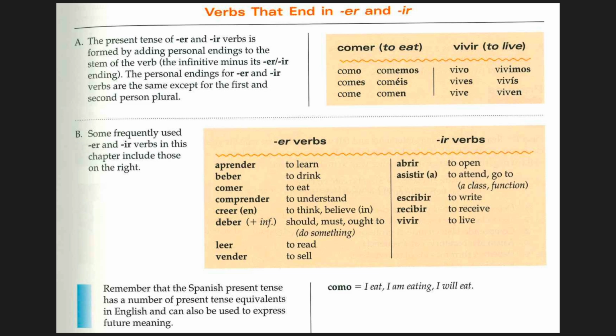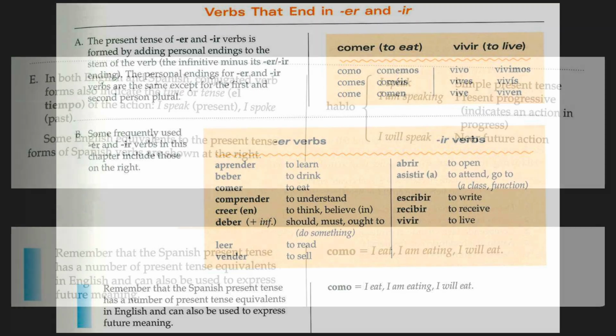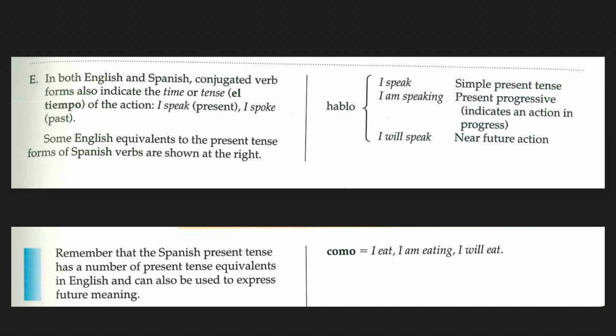Now, something interesting that I haven't really gone over, but you can see right here, is how you are able to use various ways of saying the present tense for this verb. Okay? Alright, so now I've simply zoomed in, and if you look here, it says you can use this in three different ways.